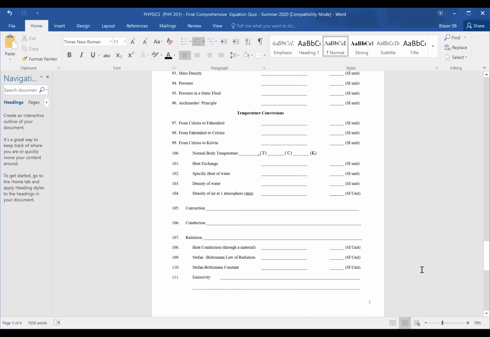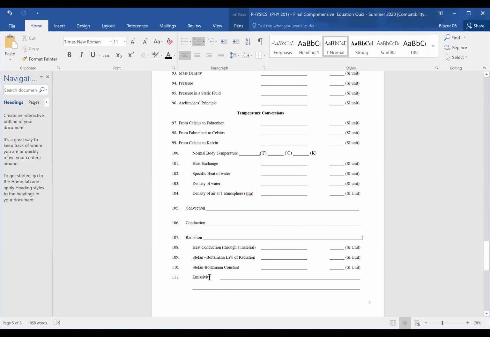Heat is always going to be in joules, so a joule will go here, and a joule will go here. But for this constant, it may not all fit on this small space. And the emissivity is a ratio of the energy the object actually radiates compared to the energy it would radiate if it were a perfect emitter. It's a number with no units.